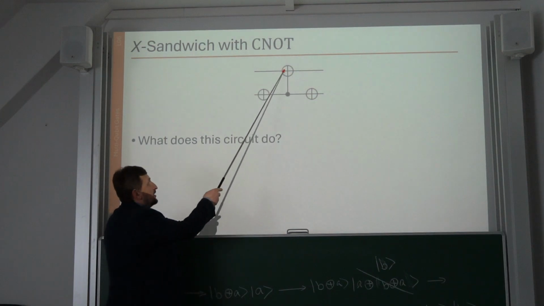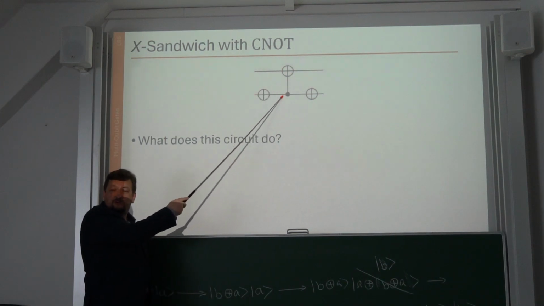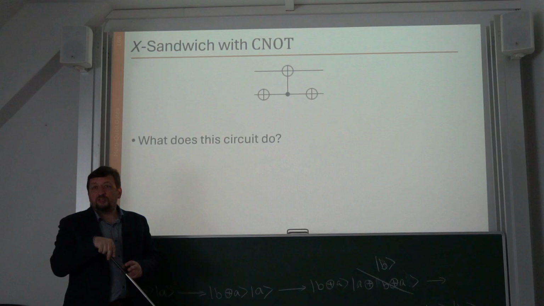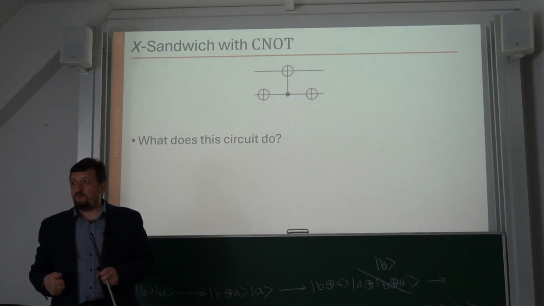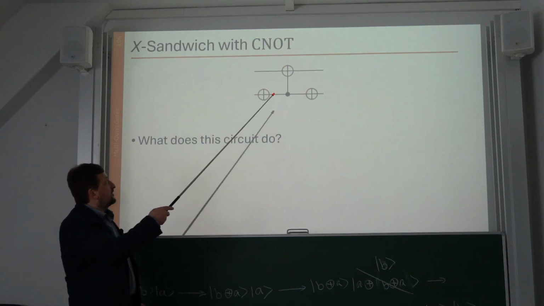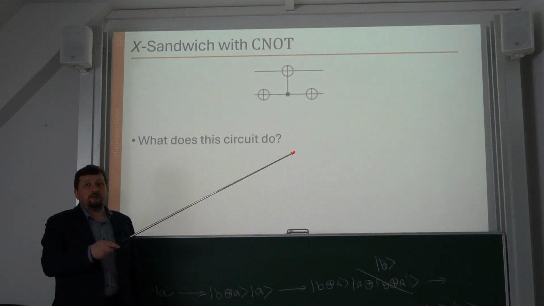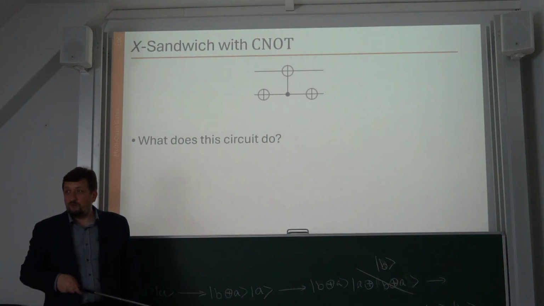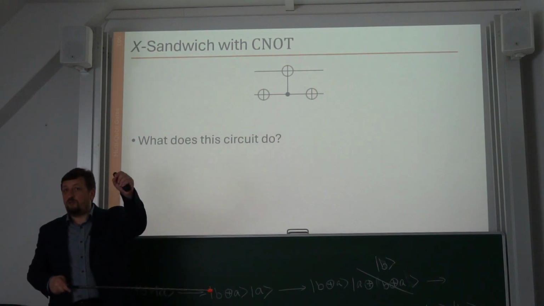So this gate applies X when here is 1, right? It's the control. But the X gate changes 0s and 1s. So this circuit will apply X to the target qubit when the input qubit is 0, because this sandwich flips the role of 0 and 1.